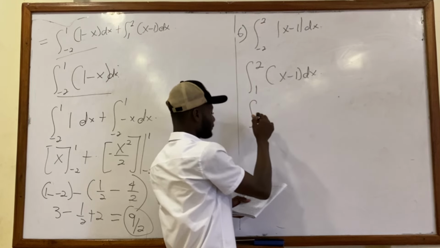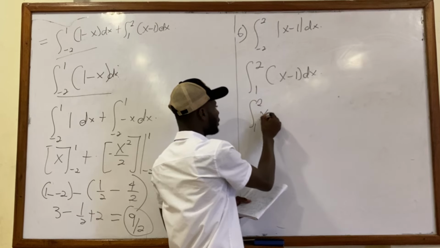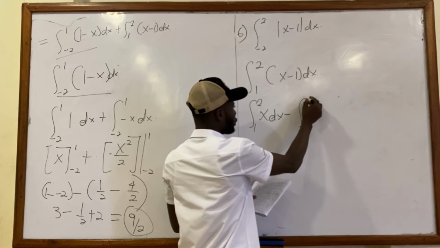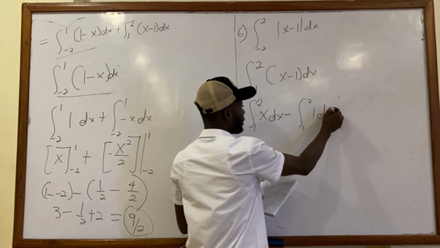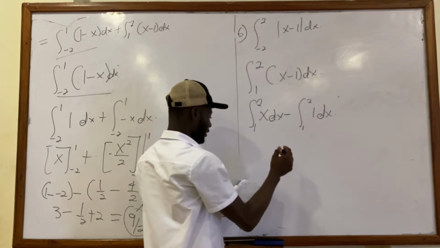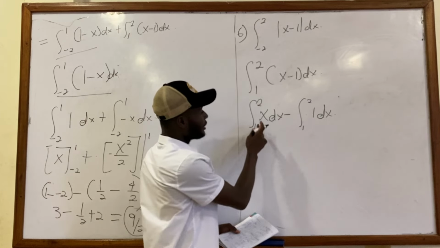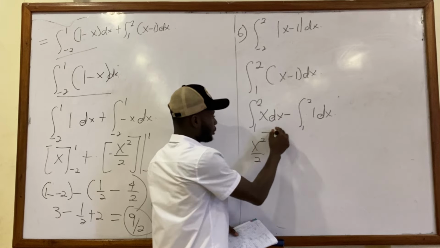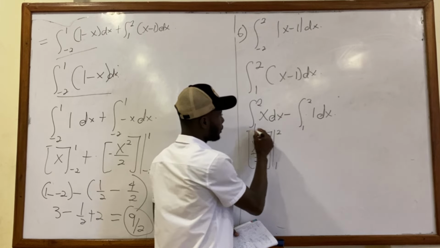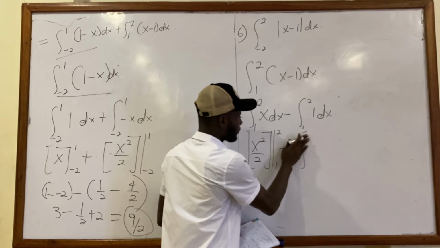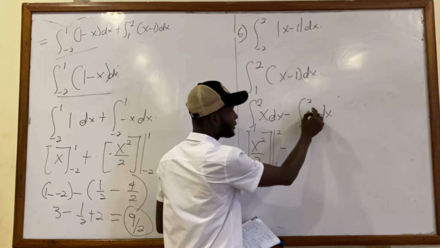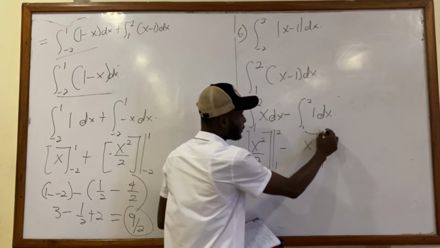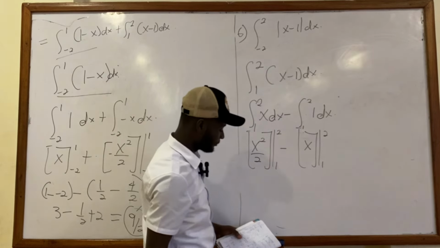So when we do that, we are going to have the integral from 1 to 2 of x dx minus the integral from 1 to 2 of 1 dx. All right. So now, when you integrate x, you are going to have x squared over 2, minus, when you integrate 1, you are going to have x. All right. So you have 1 to 2 over here.